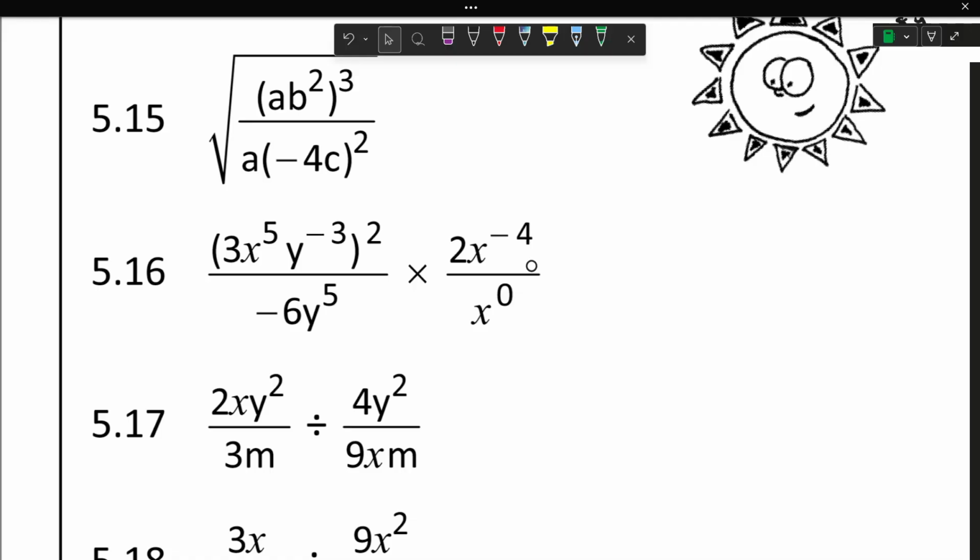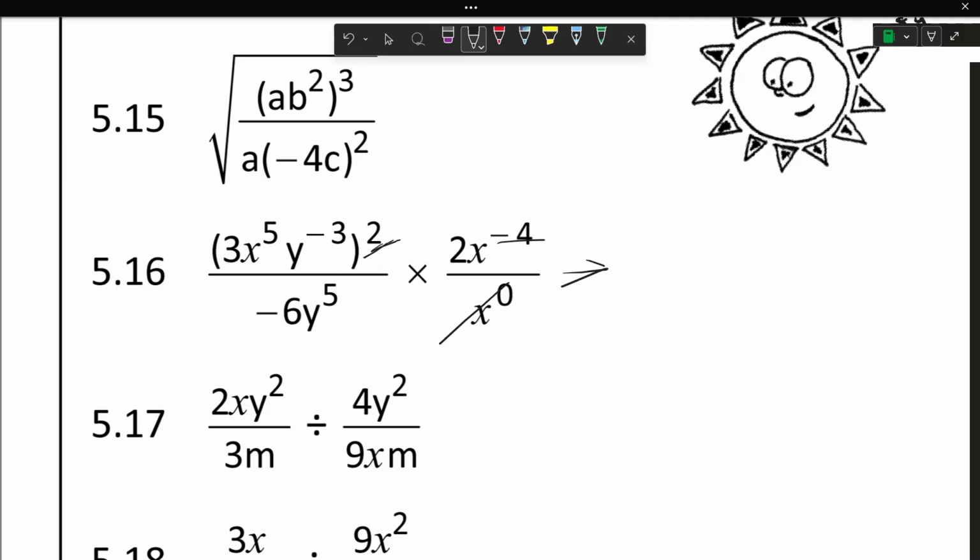Let's have a look. Then we have 3x to the 5, y to the negative 3 squared, over negative 6y to the 5 times 2x to the negative 4, x to the 0. So what do we notice about this problem first? X to the 0. Get rid of it. It's a 1. Second thing we notice about this problem, we have negative exponents, and we have an exponent outside of a bracket there.